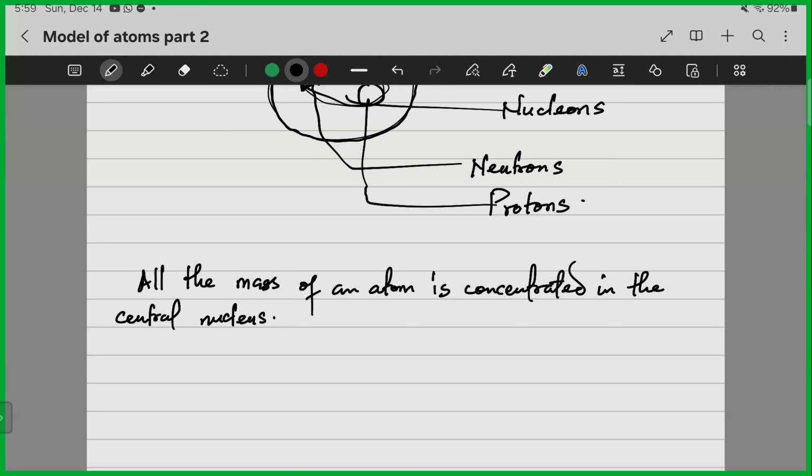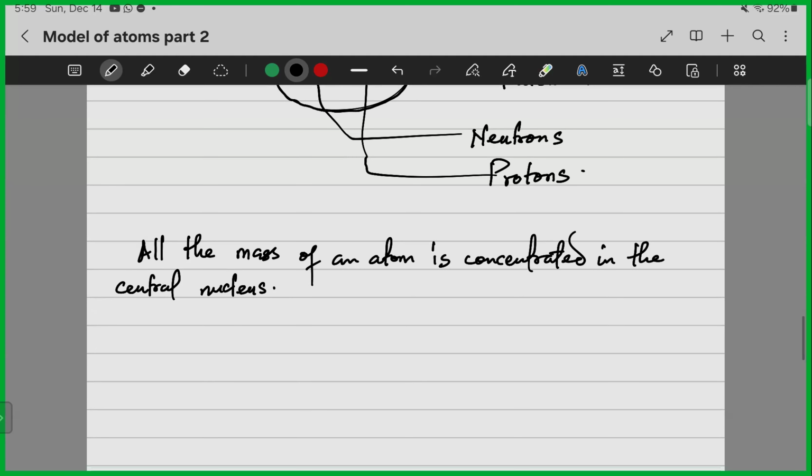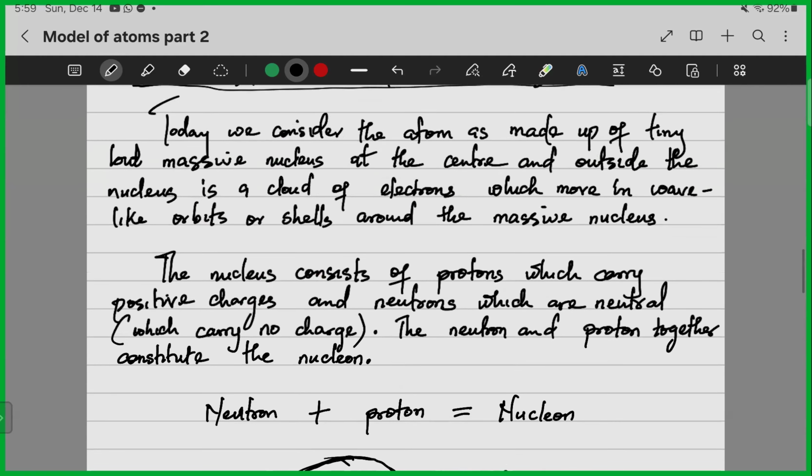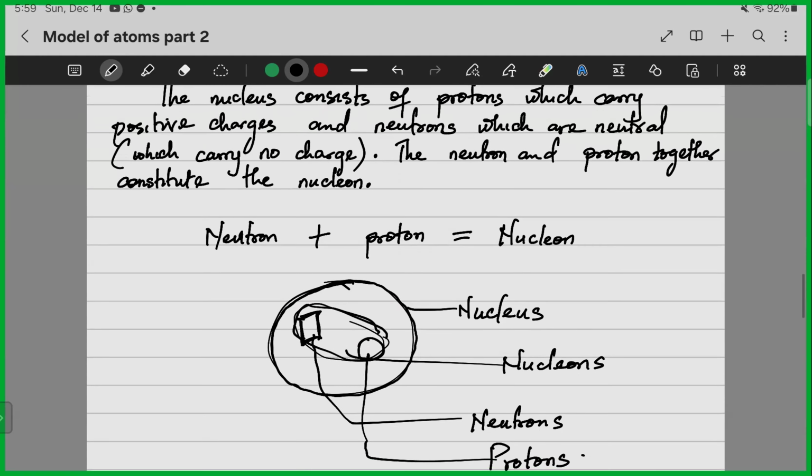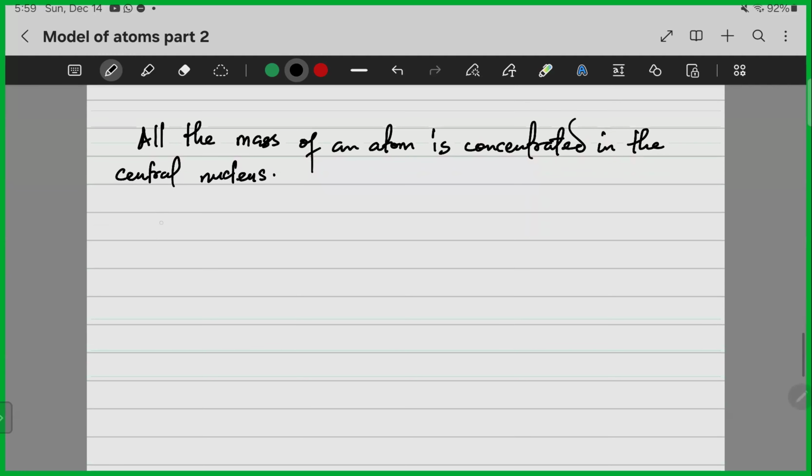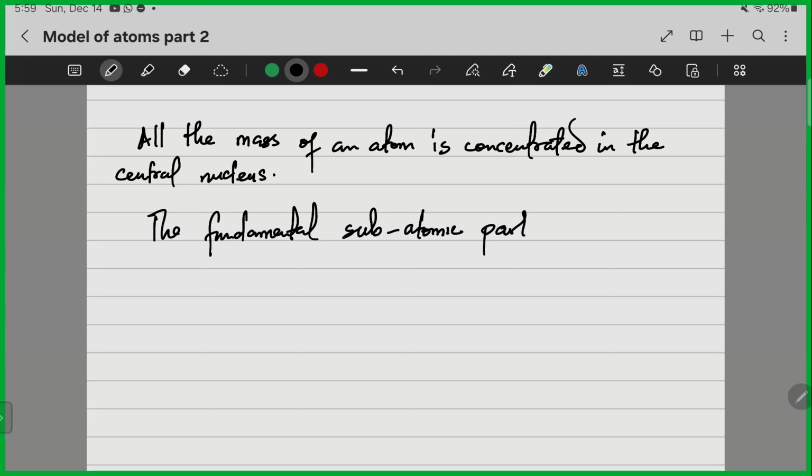So the fundamental subatomic particles, we mentioned them.